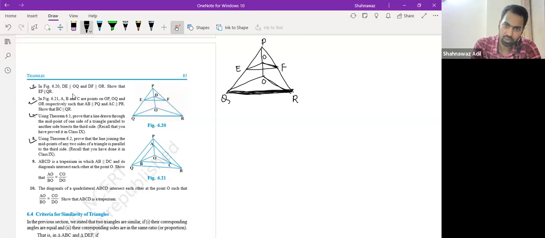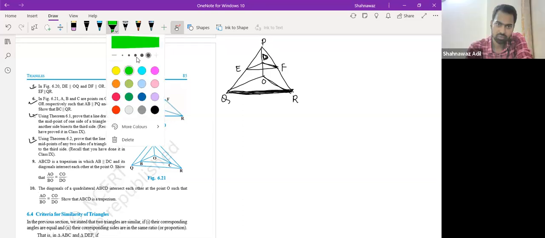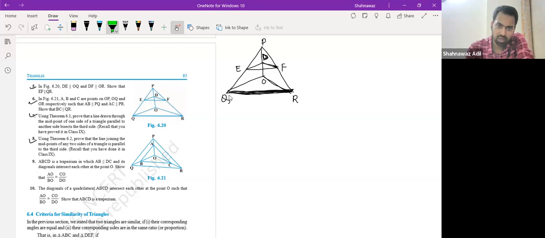So what is the first information? DE parallel to OQ. So what is the triangle? First thing is that we have to identify the triangle. So what is the triangle in which ED is parallel to QO?